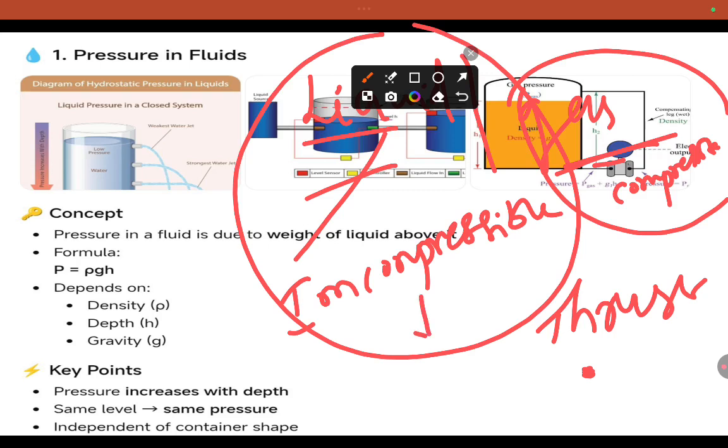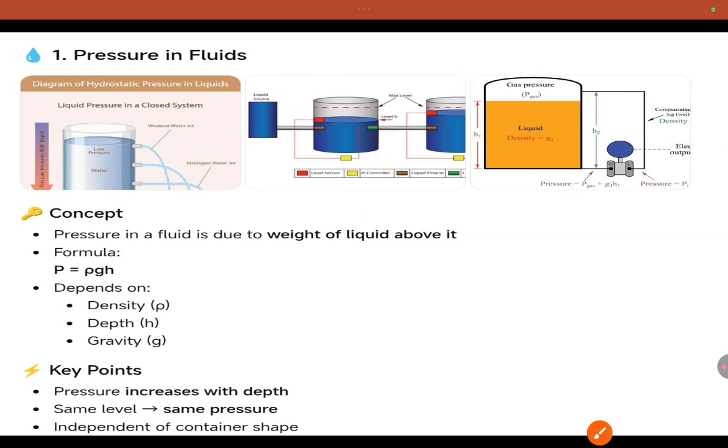For example, take a bucket of water. Into the bucket of water, when we drop a stone, this stone acts perpendicularly to the surface of the liquid or fluid. Just imagine this is liquid.